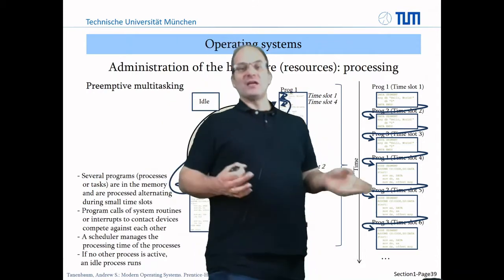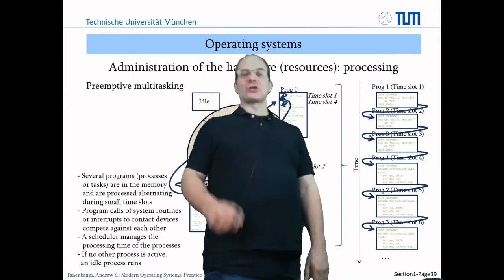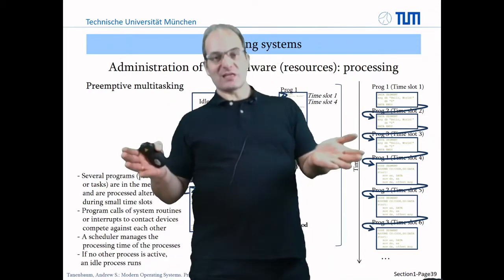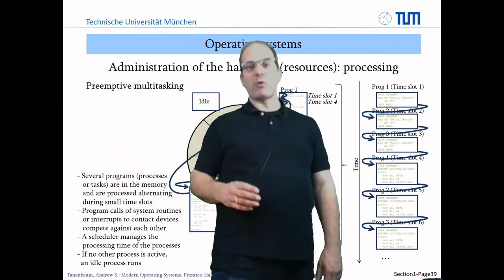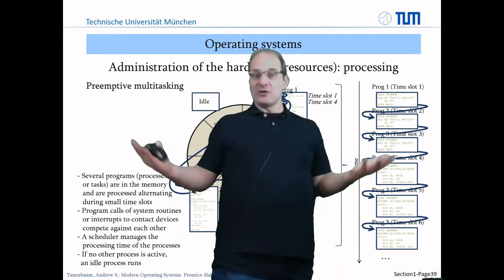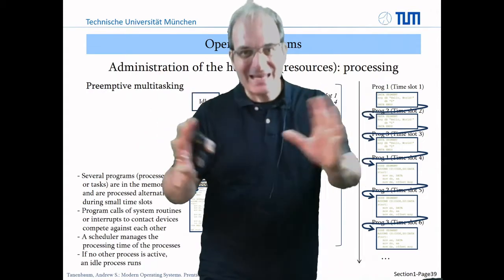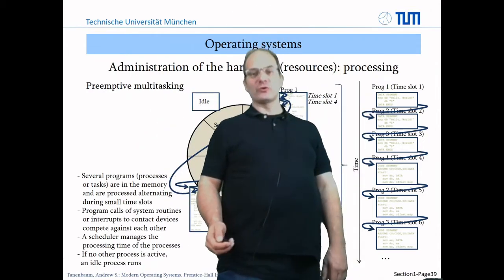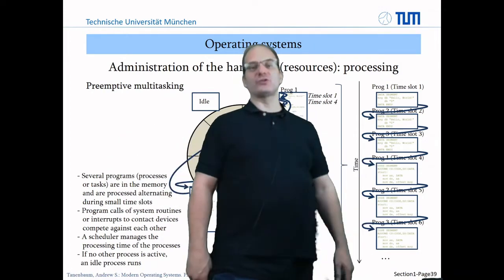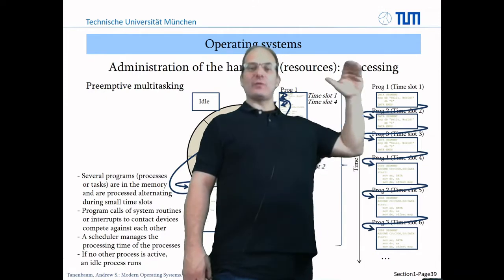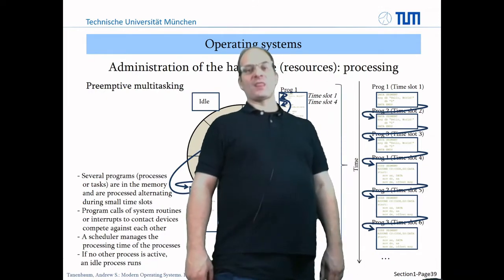So therefore, this is what is usually done. Like now, for example, if I do the recording and watch the PowerPoint presentation, you have these programs completely at the same time on your computer, but not all programs run at the same time. They share the resource of a CPU in the way that you have this time slicing.